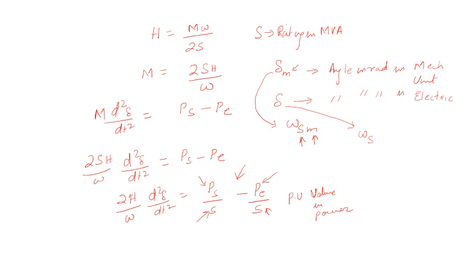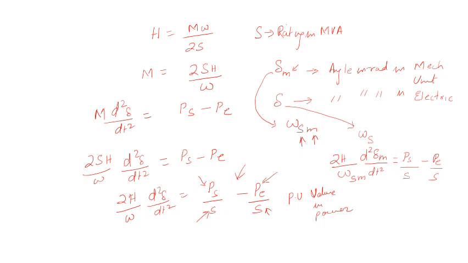So if I change the equation to the mechanical side, the differential equation is 2H upon omega sm d square delta m upon dt square is equal to Ps upon S minus Pe upon S. So here I am using the swing equation on the mechanical side.